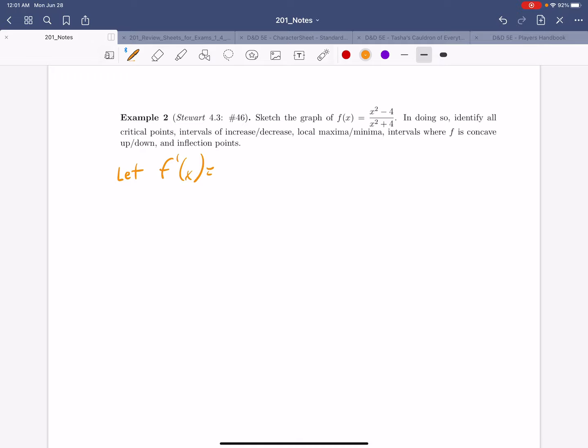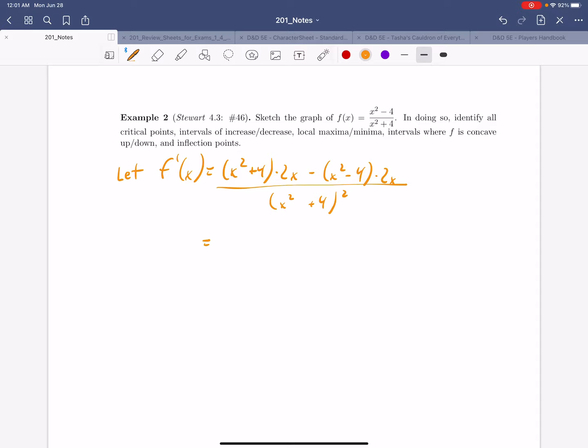Well, this is going to be low d high minus high d low all over low squared. Maybe we could simplify this a little bit before letting it equal 0. So maybe I'll erase this for right now and simplify it.